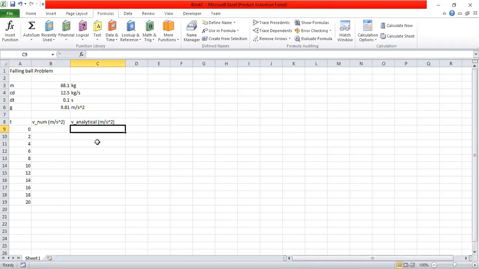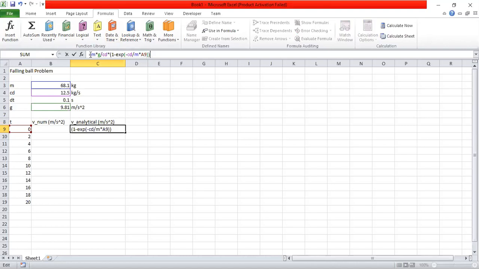Then I want to do the analytical solution when t is equal to 0. So I click on this box here, then I type in this formula, which is simply the analytical solution. If you go back to the notes, we got the analytical solution as m times g divided by c, multiplied by 1 minus exponential of c divided by m times t.